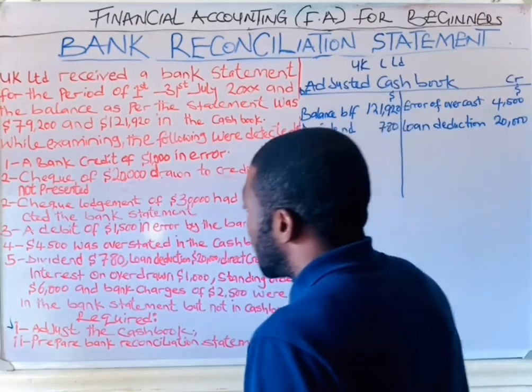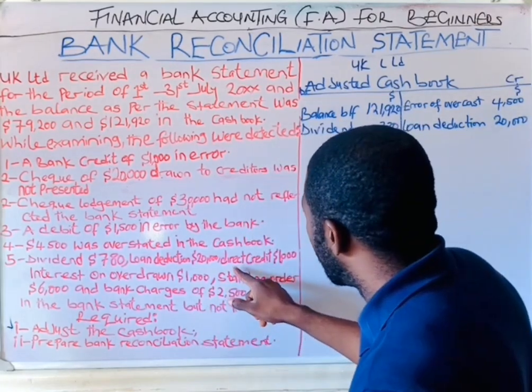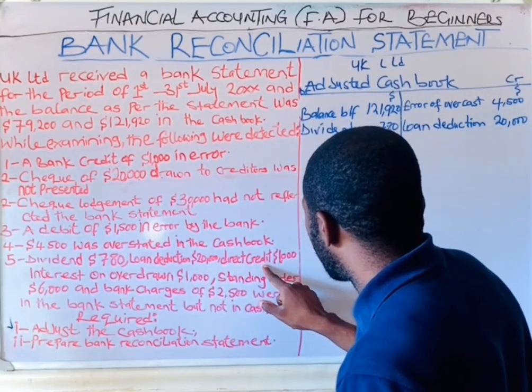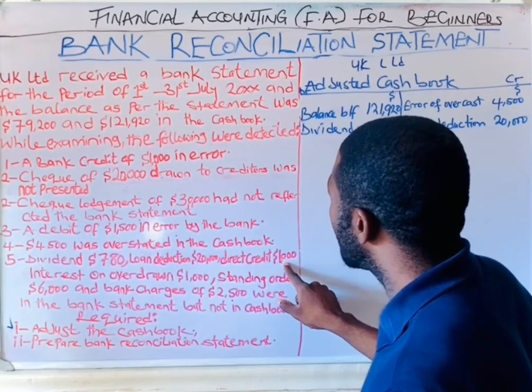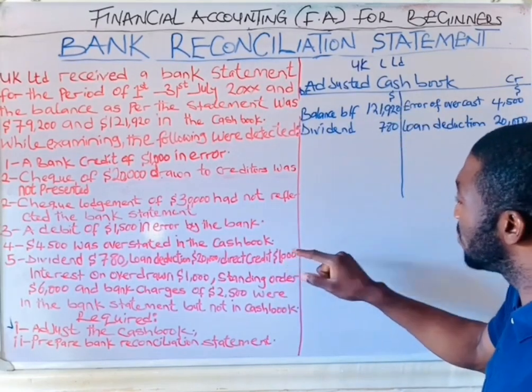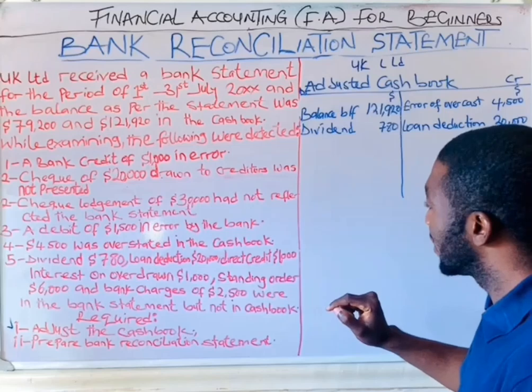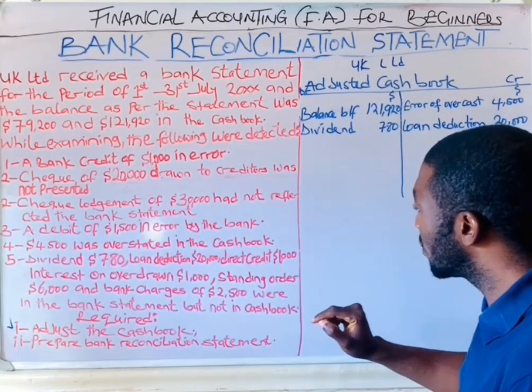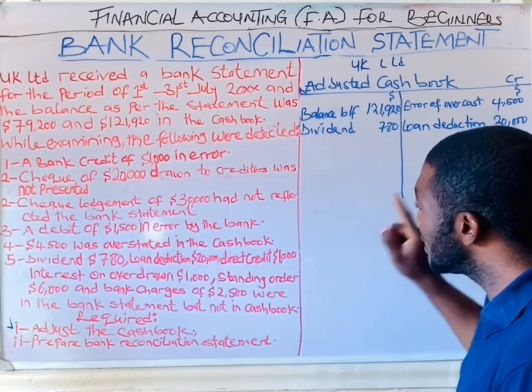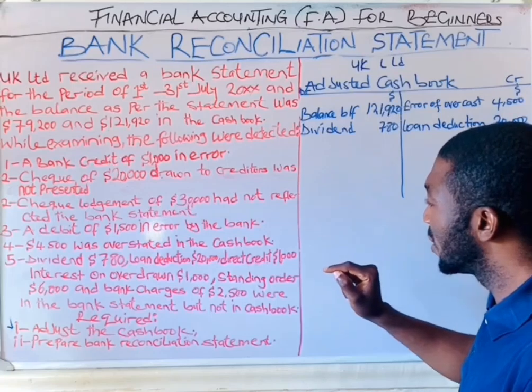Then a direct credit $1,000. A customer was in the bank and directly credited our account without our knowledge. So it is in the bank statement and not in the cash book.